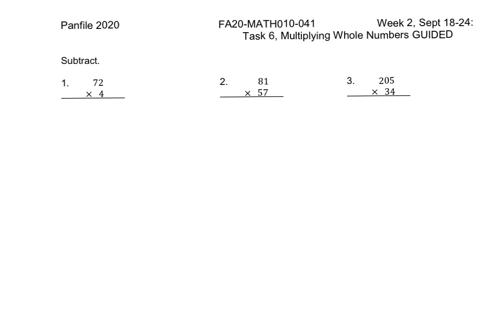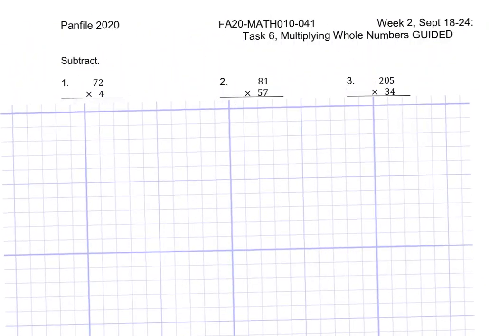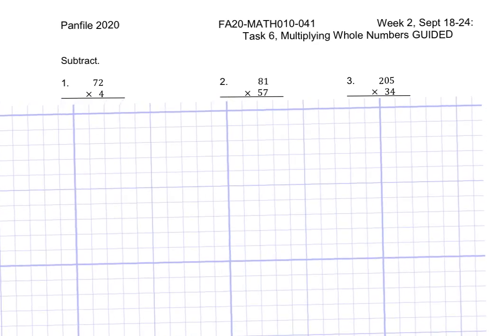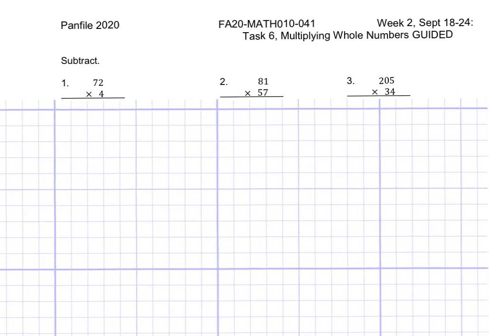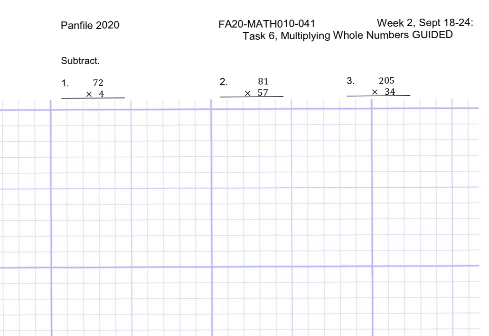We can use that graph paper if we want to. Which I hope the size is right on that.